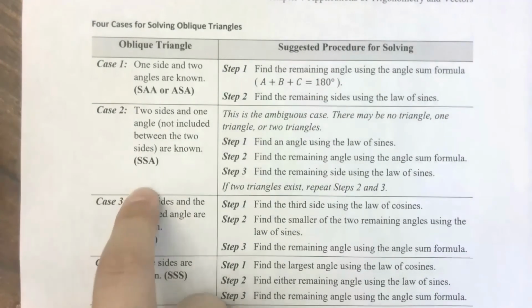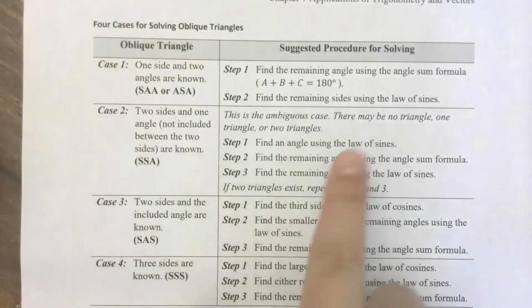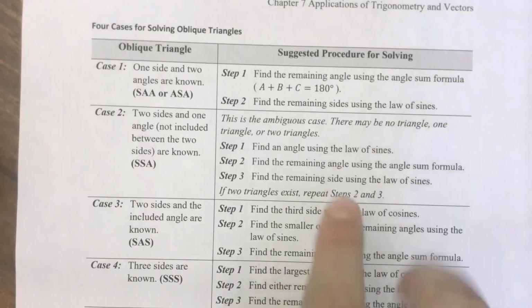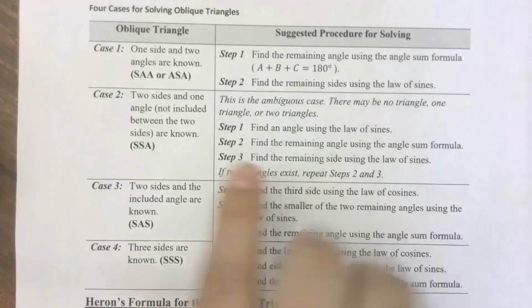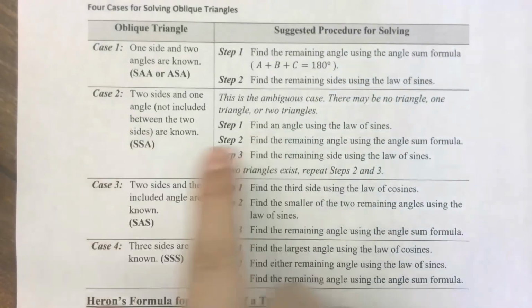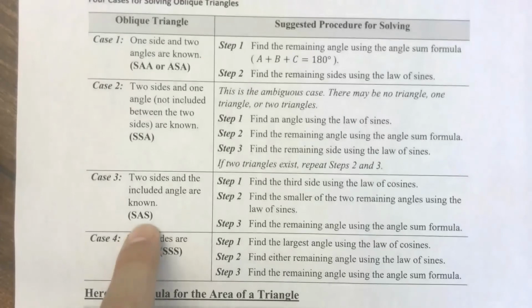Case 2, this is the ambiguous case. This is where there may be no triangle, 1 triangle, or 2 triangles. So in this case, you will find the angle using the law of sines, because you're only given 1 angle and 2 sides. And this angle is not between the 2 sides, otherwise that would be case 3.